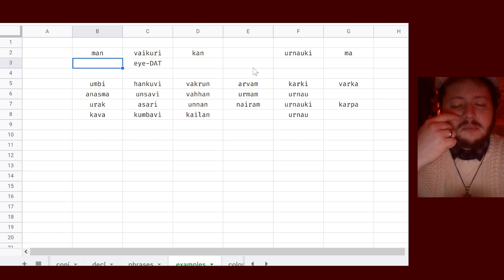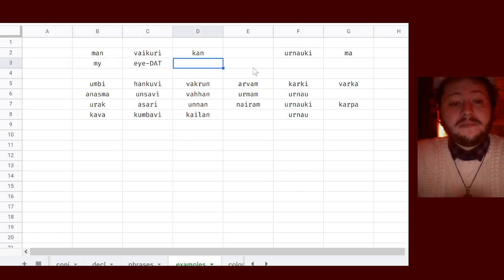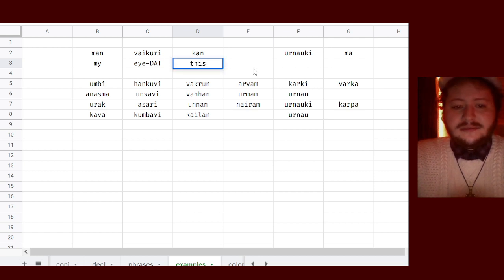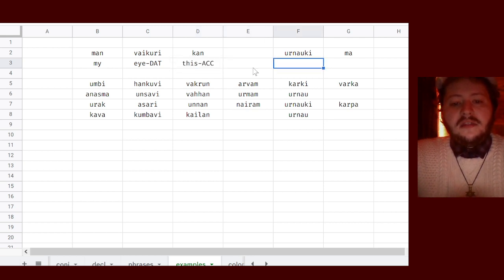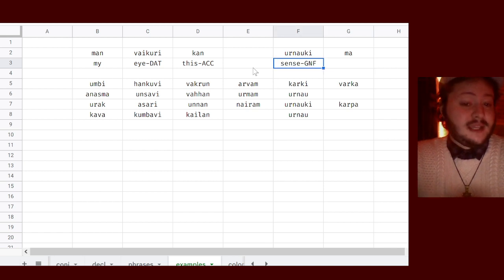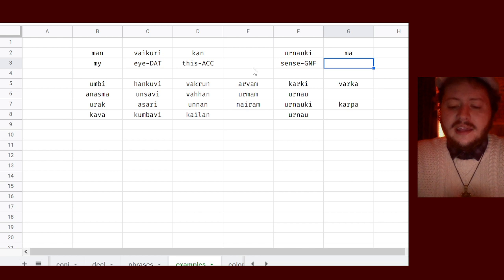Man is the first person singular genitive, so it's my, basically. My eye. So to my eye, or in my eye. And then kan here is just this as a direct object, so it's an accusative, this. Then we have the verb urnauki, and it's in the general infinite, so it's sense, general infinite, so it's like to sense. And then ma is the subjunctive.